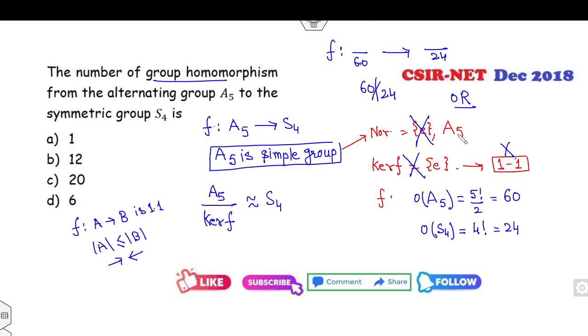So the only remaining possibility is A5. That means the kernel of f is A5, and you will get only trivial homomorphisms. So the only homomorphism is the trivial one. This is happening only because A5 is simple. If it were not simple, you would have to find all the normal subgroups and look at these options.